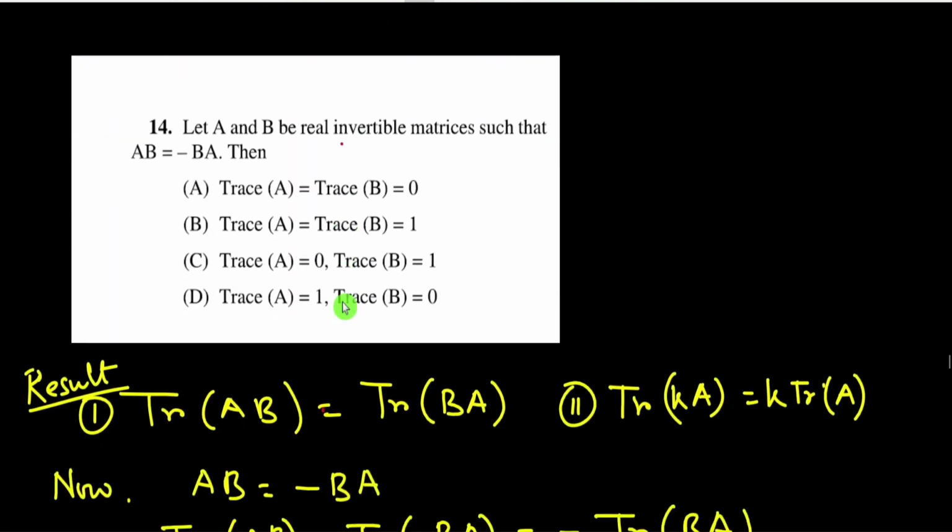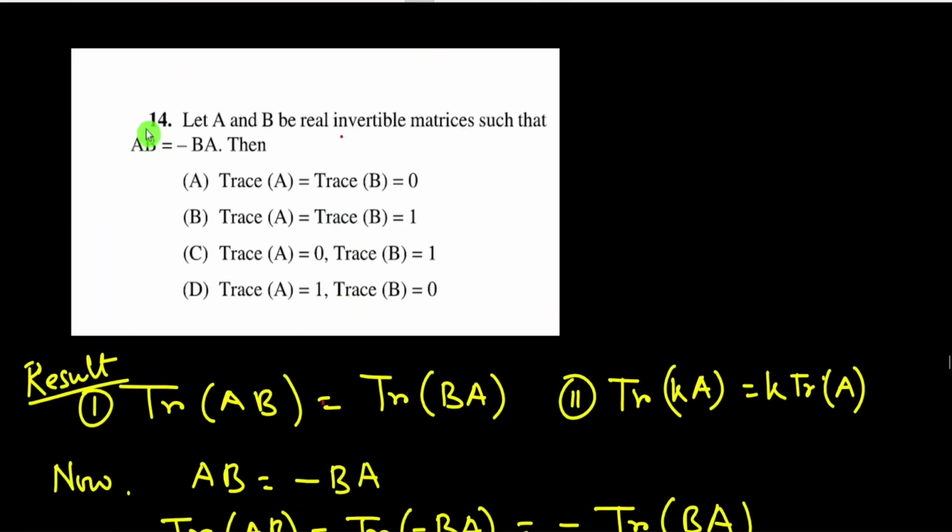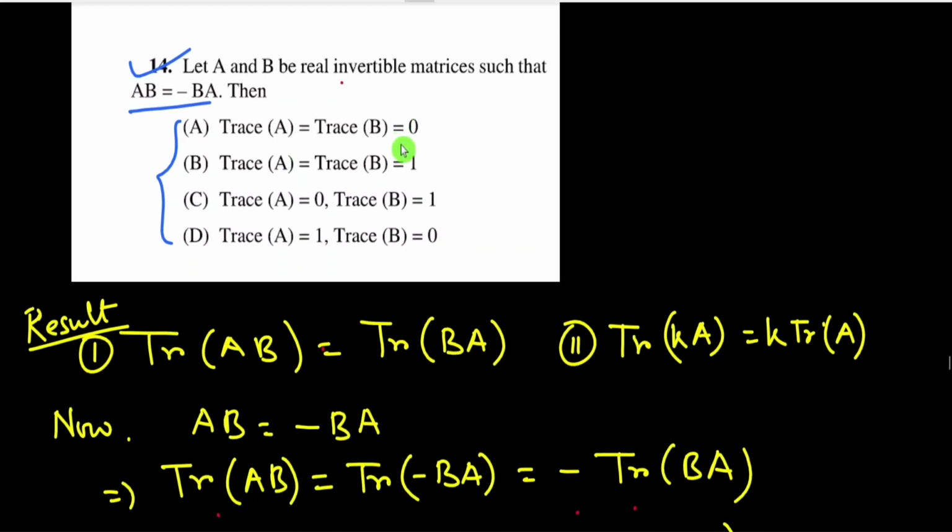Now question number 14. Let A and B be real invertible matrices such that AB equals minus BA. Then the options are based on the trace of the matrix. We use two properties of trace here.